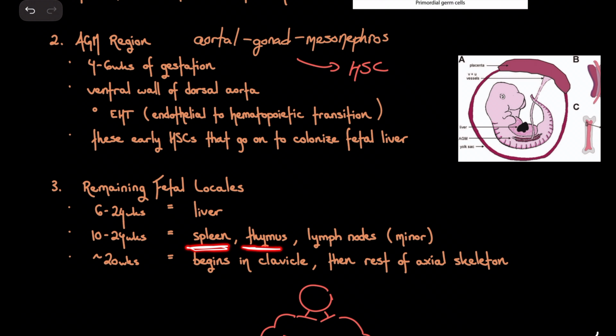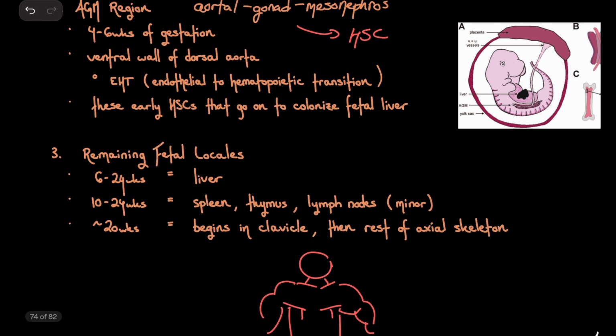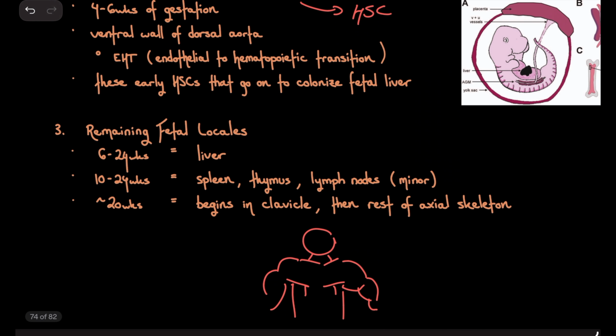We will have piddling contributions from the spleen, thymus, and lymph nodes. And at 20 weeks, we get hematopoiesis as we think about it, which is in the bone marrow. It'll start in the clavicle, the collarbone, and then spread out to the rest of the axial skeleton. Remember, that was the head, neck, trunk, and pelvis.